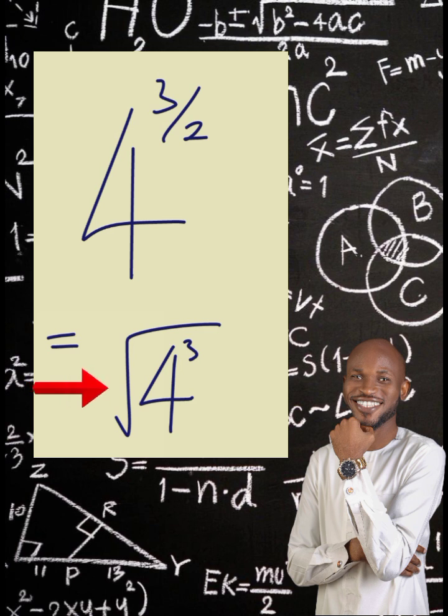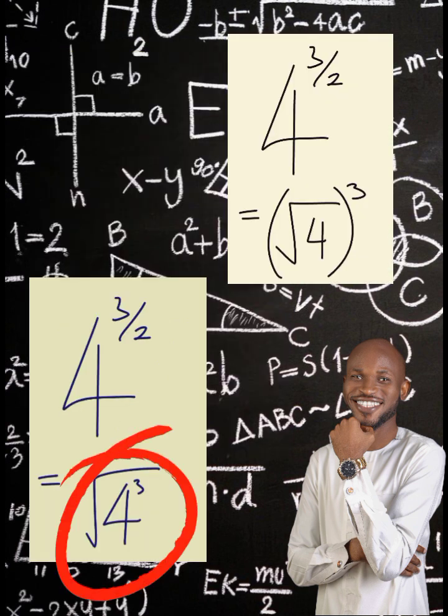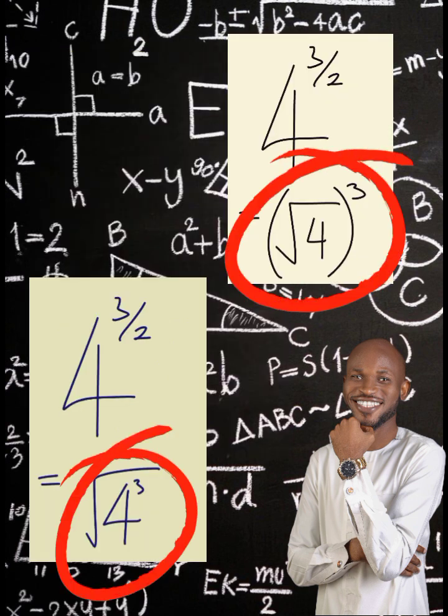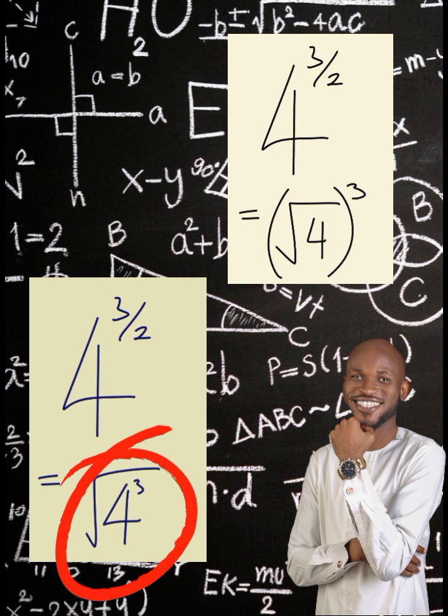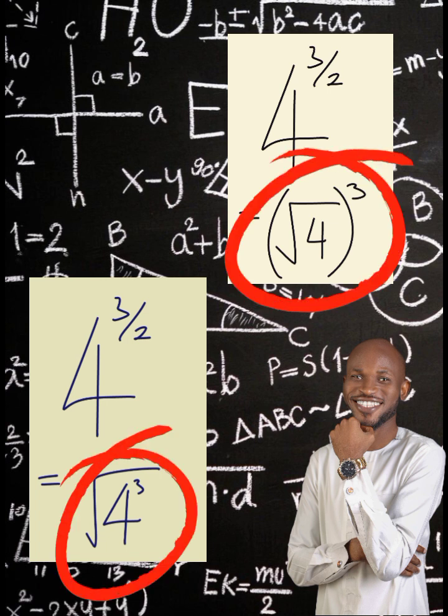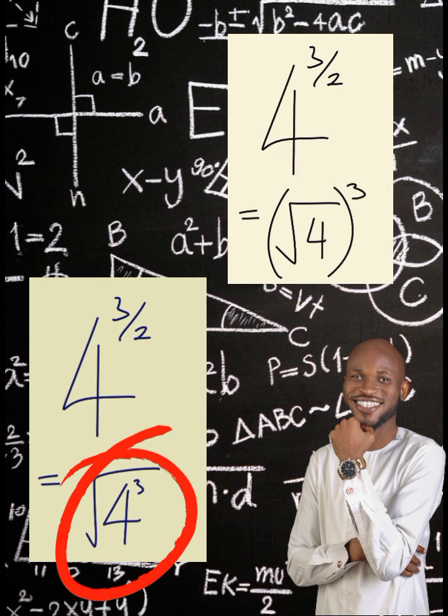So it's either you say the root of 4 raised to the power of 3, or you say 4 raised to the power of 3 and then find its root. If you solve both, you're still going to get the same answer. So that's how you represent 4 raised to the power of 3 over 2 in indices.